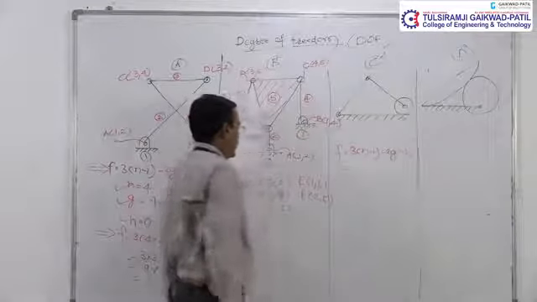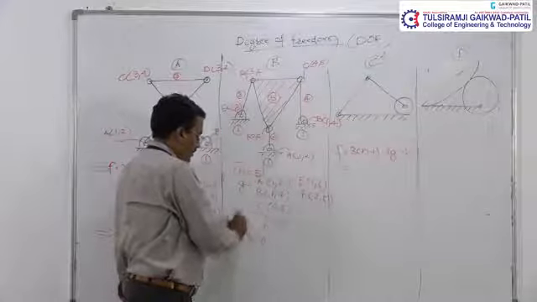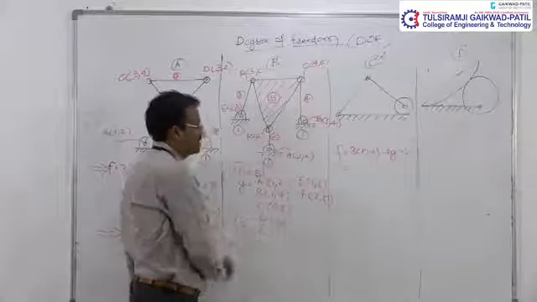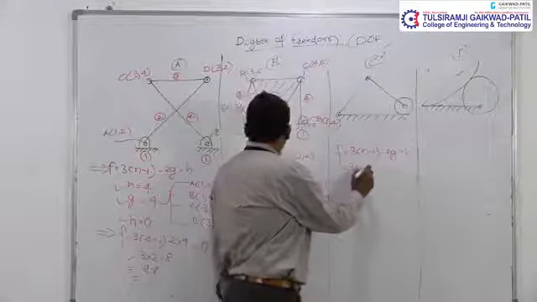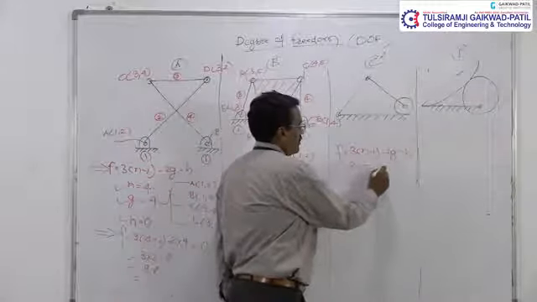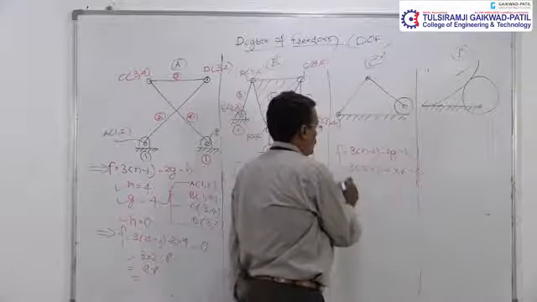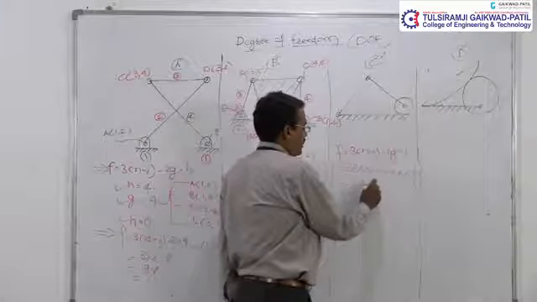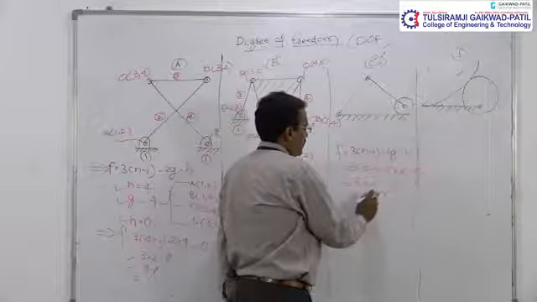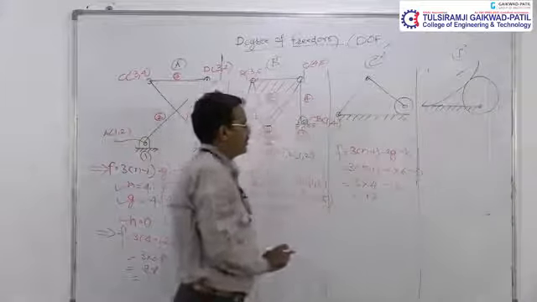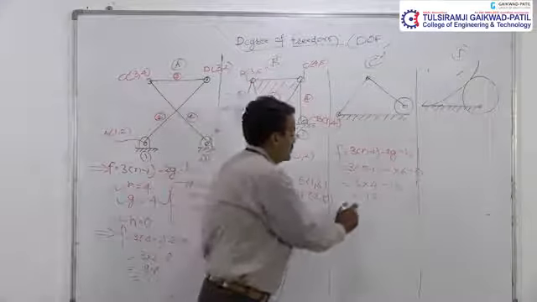Let us put the values of n, g and h in the degree of freedom equation. 3 times 5 minus 1 minus 2 times 6 minus 0. So 3 into 4 minus 12. So it becomes 0.